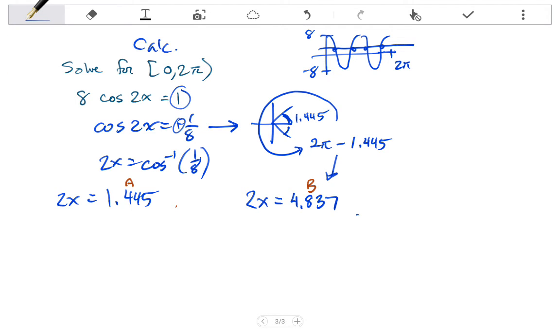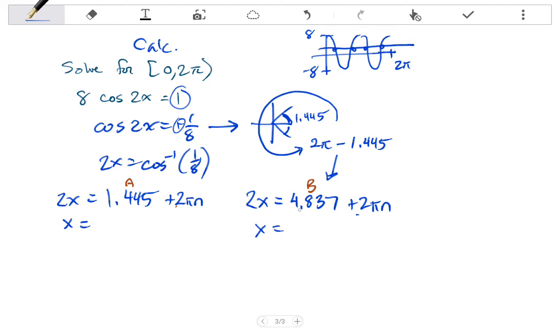Alright, so one thing to remember is that this graph had gotten condensed, so you want to make sure you add coterminal values, 2 pi n, to get back to the same spot on the unit circle. Alright, now the thing about this is, if we're solving for x, you have to divide everything by 2. So I have to take this value of A, 1.445, and divide it by 2. Same thing with this one.